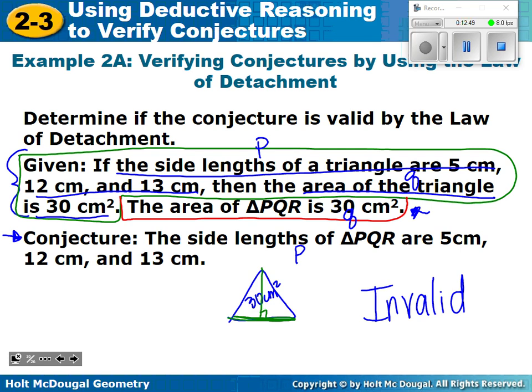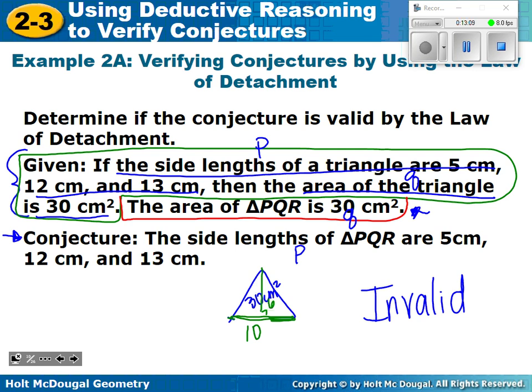Okay, so I could have a base of, careful, that would give me only 15 for my area. So how about, okay, so if this were 10 and my height were 6, that would give me an area of 30 because it's 1/2 base times height, which is not a side length of 5, 12, or 13, right?